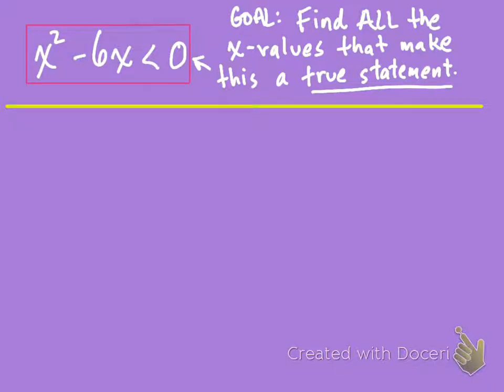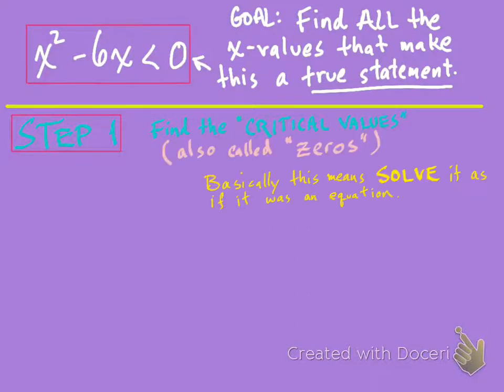All right, so here, our first step in solving a quadratic inequality is to find what we call the critical values. Sometimes we also call these zeros. Basically, the way you find them is to solve it as if it were an equation, and find out what the x values for that are.